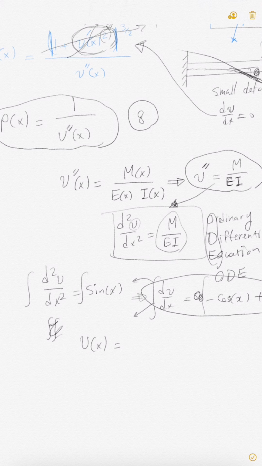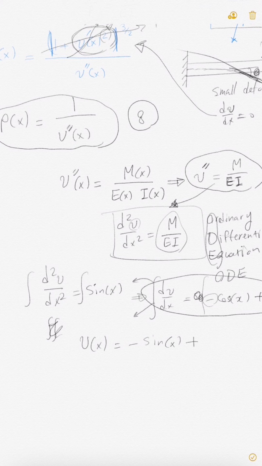Look, you already solved for v, which is equal to negative sine x. You already have a negative, and you take the integral of cosine, which is sine, right? Because if you take the derivative of sine, it simply becomes cosine.